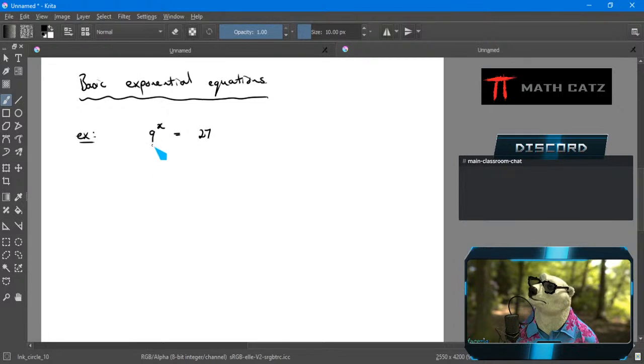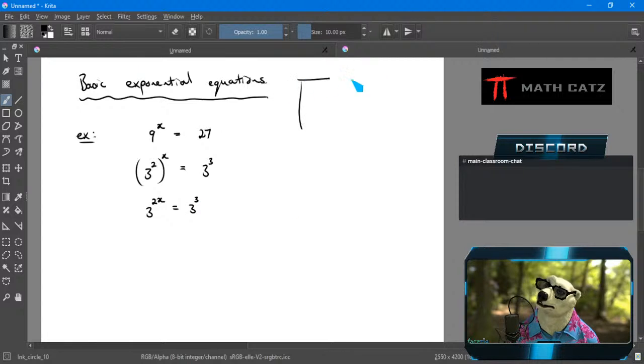where if I rewrite the base as 3 squared, and I notice that 27 is 3 cubed, I can see that this is 3 to the power of 2x equals 3 to the power of 3.